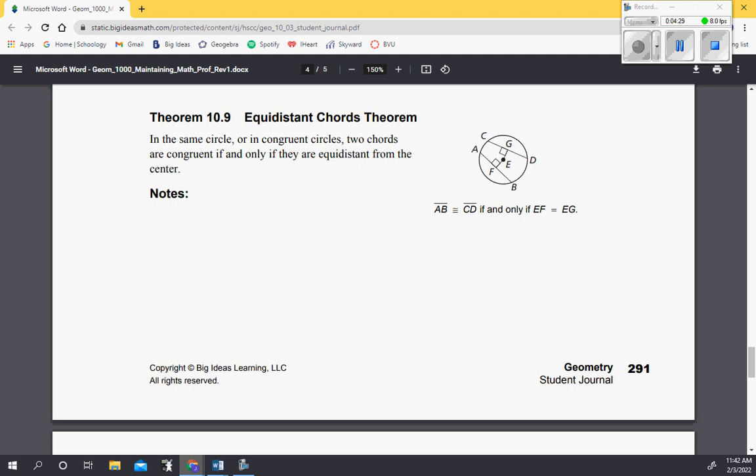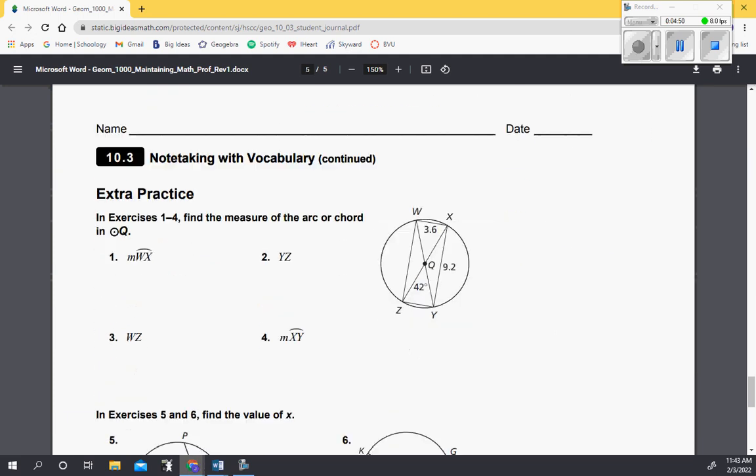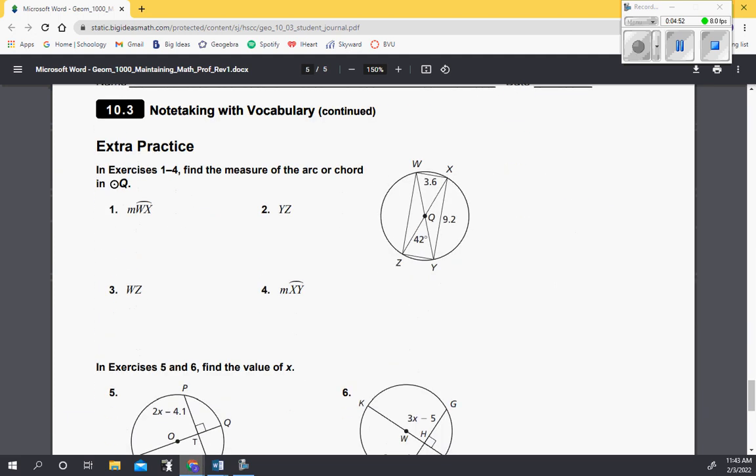So AB is right here. That's congruent to CD if and only if they are the same distance, meaning EF has to be the same distance as EG. Then they would be congruent. Let's try some extra practice, because again, these theorems make more sense the more practice we go through.